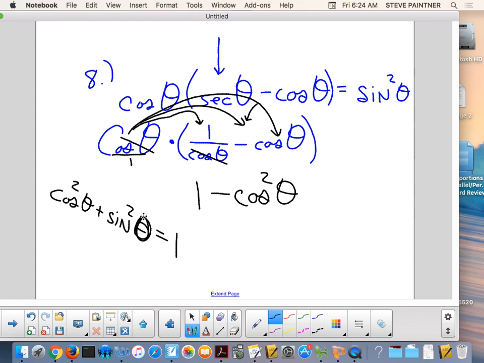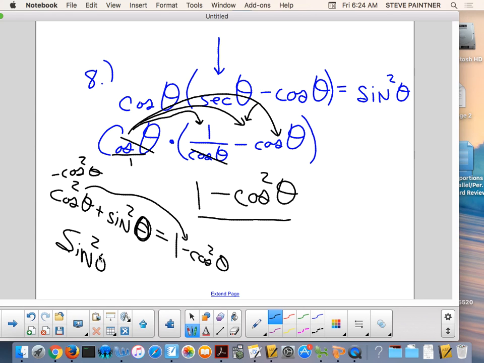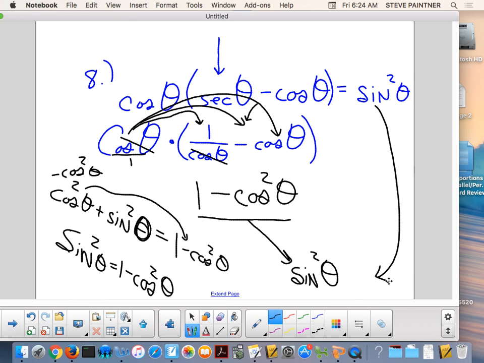If you subtract cosine squared, you end up with sine squared equals 1 minus cosine squared. Hey, that is what we have. So this becomes sine squared. Exactly what we wanted.